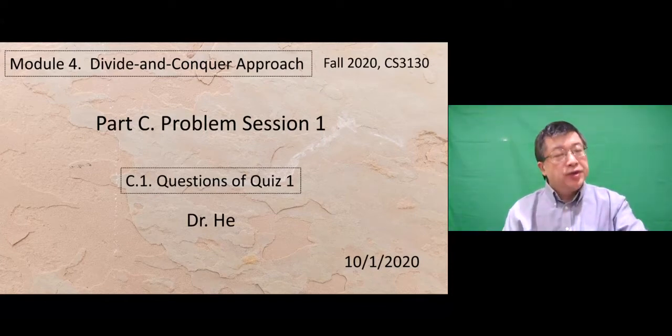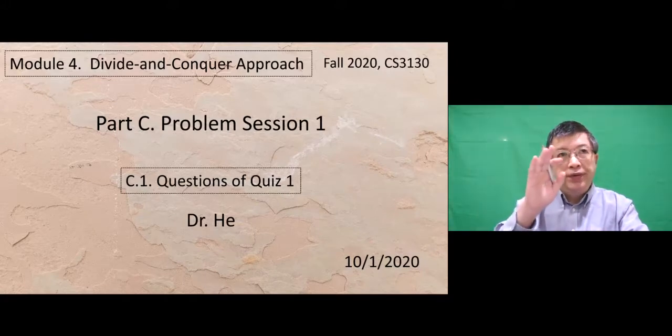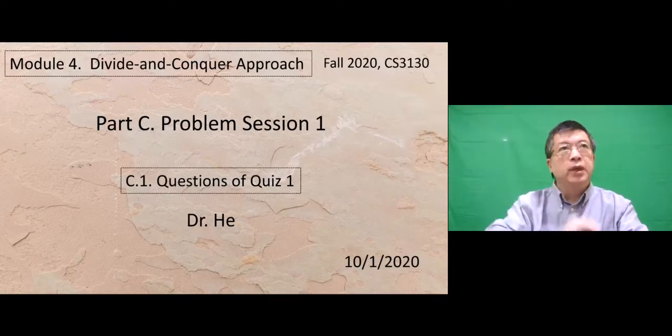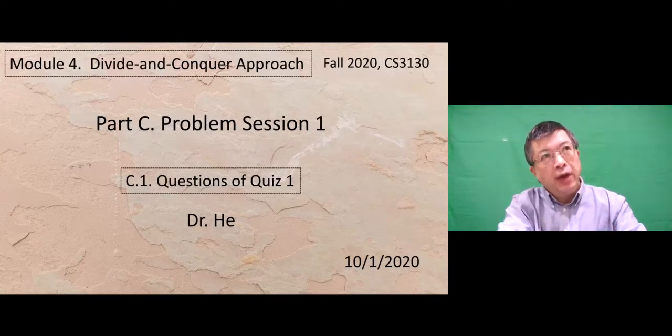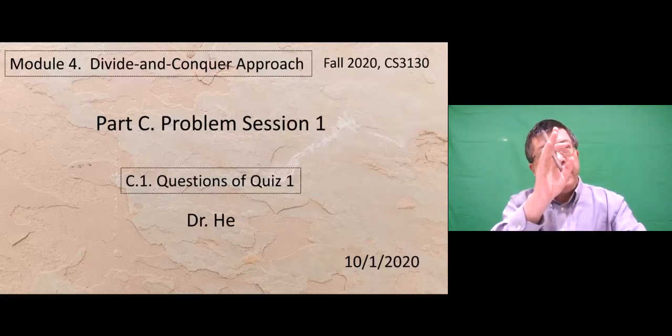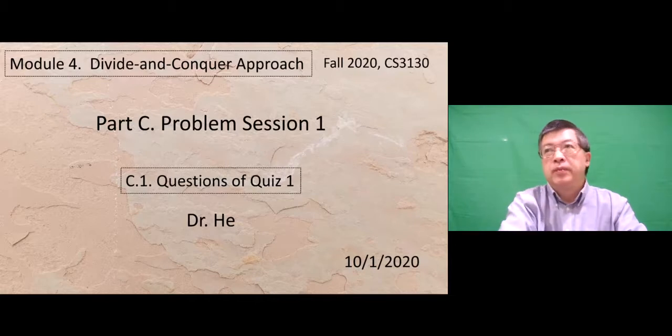In this session, my plan: first, I want to go through all the questions from quiz 1 and quiz 2. After that, we have quite some time, probably half of the class, which I want to use to give you a few more examples targeting your homework number 1.